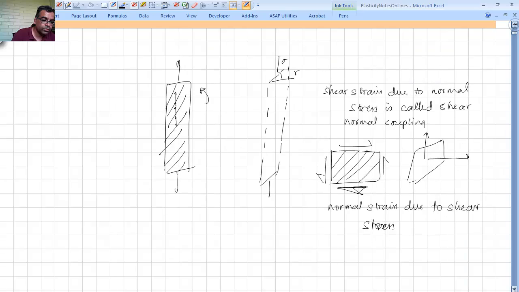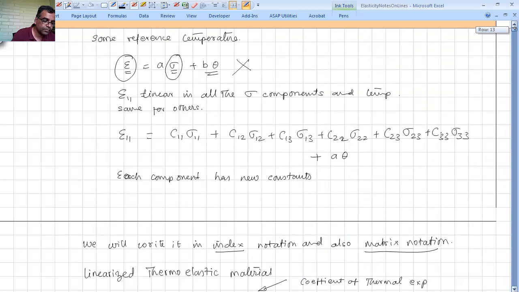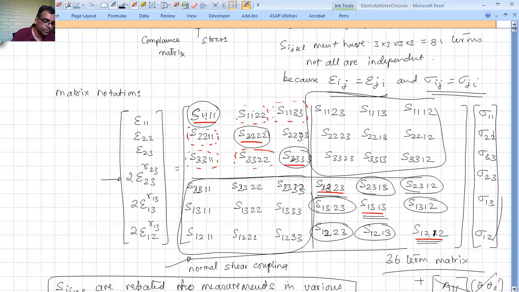So let me show you where these terms come from. This is normal strain due to shear stress. This is shear strain due to normal stress.